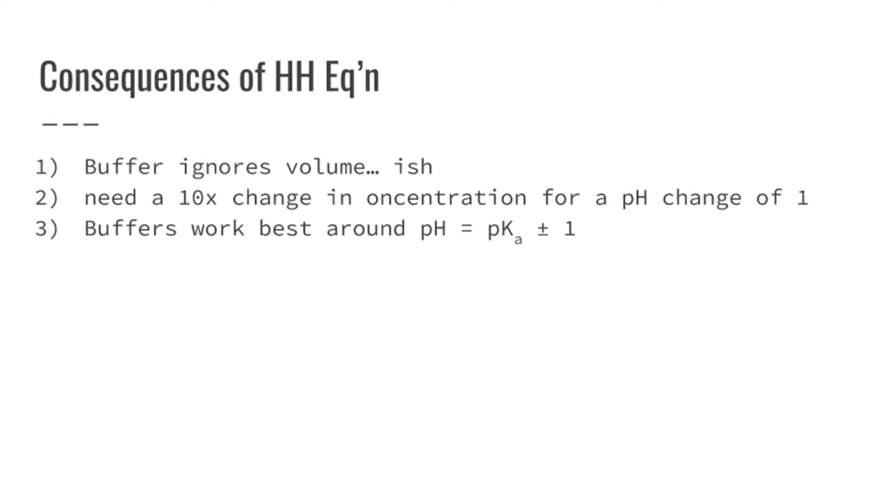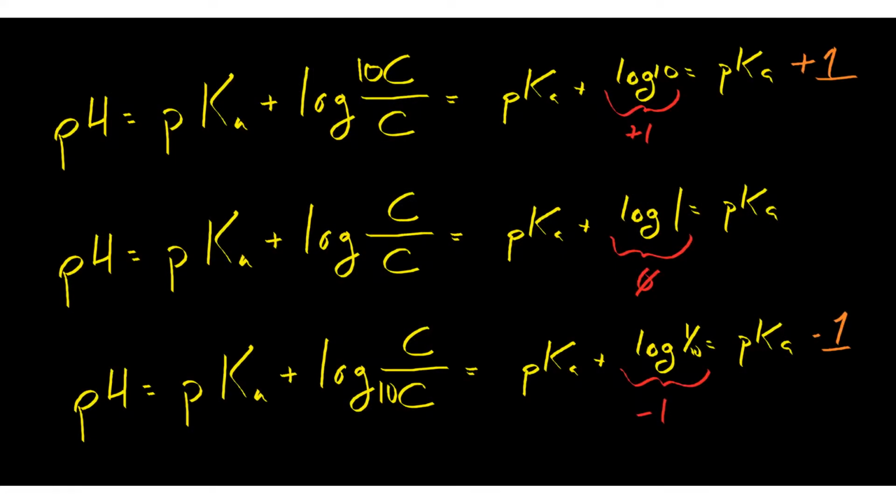The next thing to notice is that you need a 10 times change in concentration for a pH change of 1. Okay? So if you start out with equal quantities of your conjugate and your weak thing, equal concentrations, then you're looking at the log of 1, because thing divided by itself is 1, and log of 1 is 0.